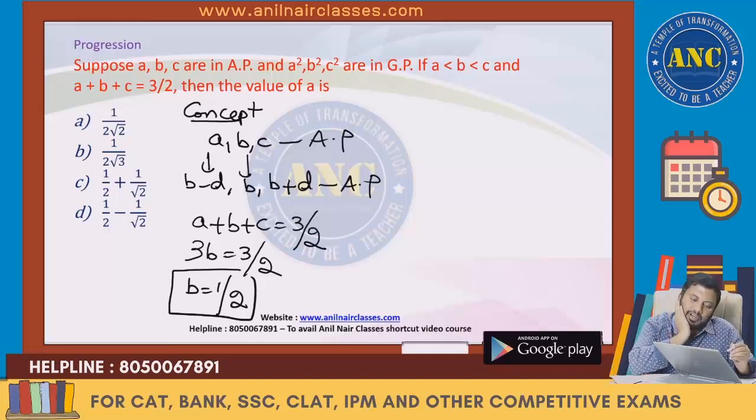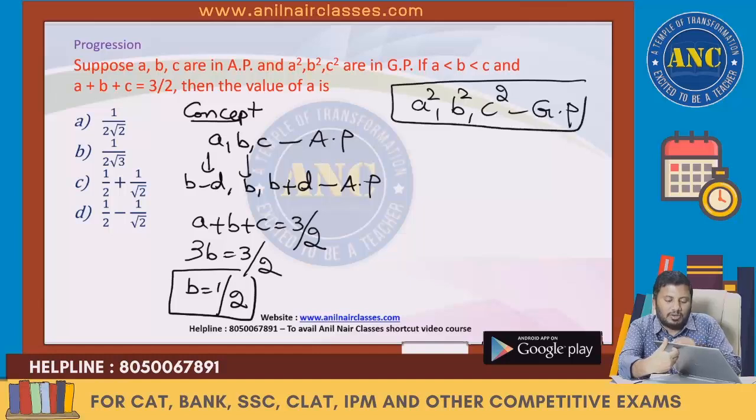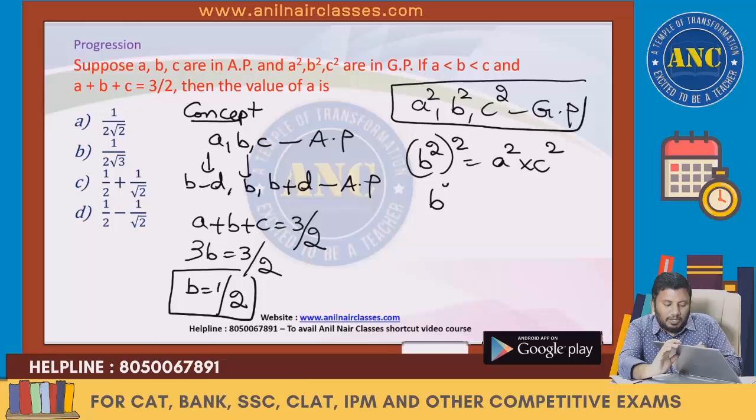Now B is 1 by 2. A square, B square, C square are in geometric progression. So, B square whole square equivalent to A square into C square. So, B square whole square equivalent to AC whole square.